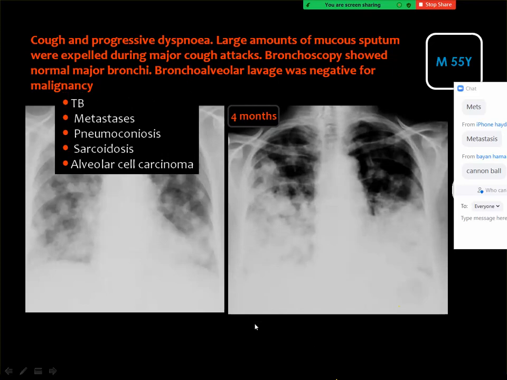But then actually this is the follow-up of the patient after 4 months. Then I provide this differential diagnosis. Is it TB, or do you still prefer the diagnosis of metastasis, or pneumoconiosis, or sarcoidosis, or alveolar cell carcinoma?